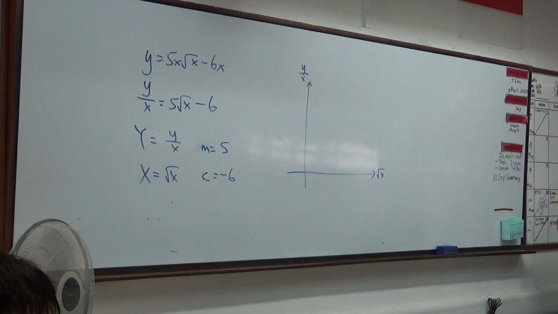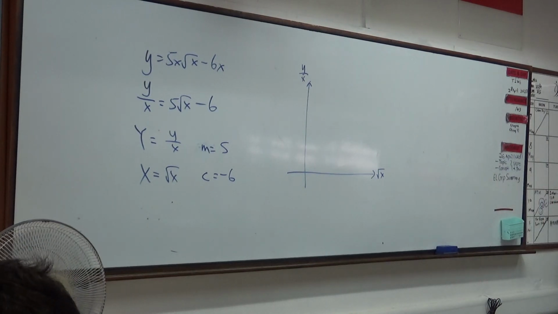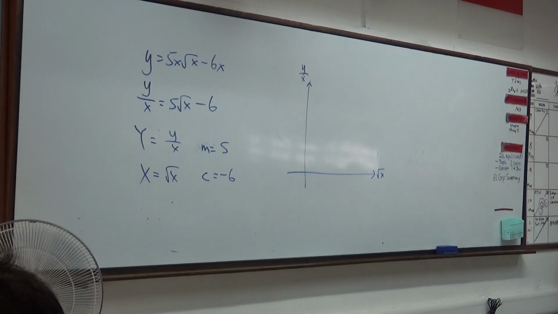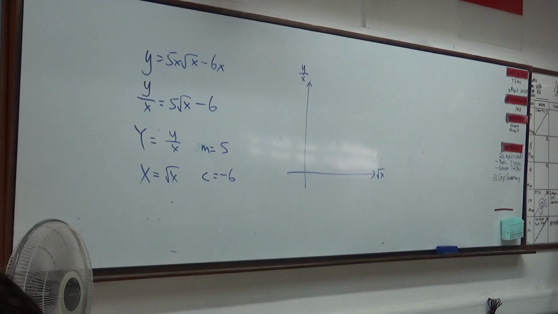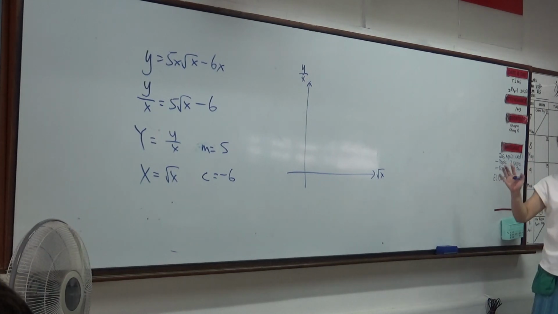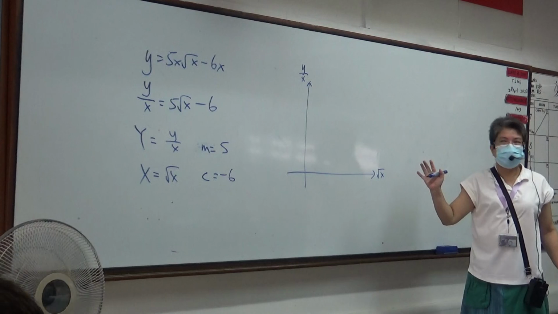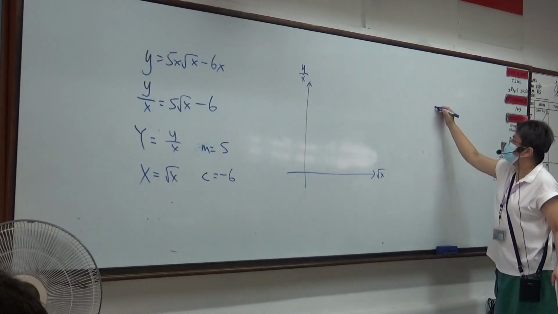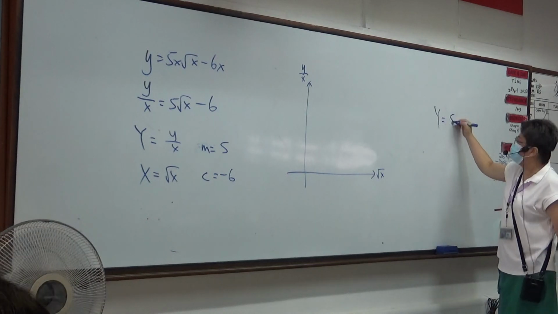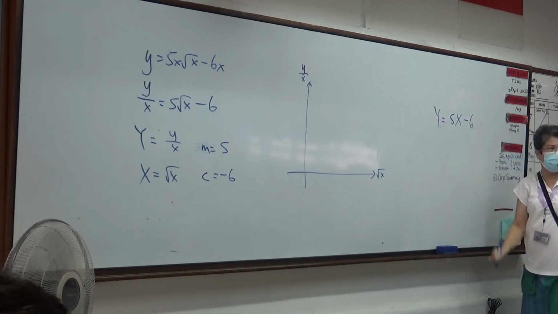Then the next part, let's look at part 2. What did they say? Sketch the graph of this line, indicating on the graph the x-intercept and the capital Y-intercept. What do you mean by that? Okay, all of you look up here. Now, this one is actually capital Y equals 5 capital X minus 6, right?